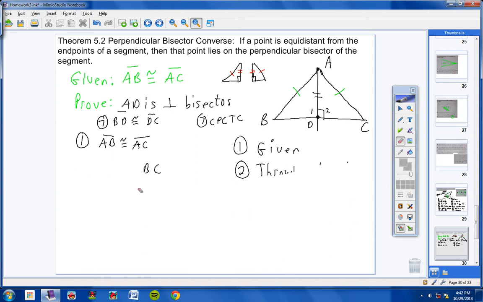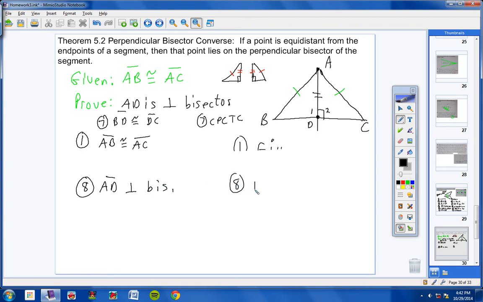Now, guys, we're one step away from finishing this. Look at what you're trying to prove. You're trying to prove that AD is a perpendicular bisector. So I can definitely state that AD is a perpendicular bisector. And I can state that because of the definition of perpendicular bisector.